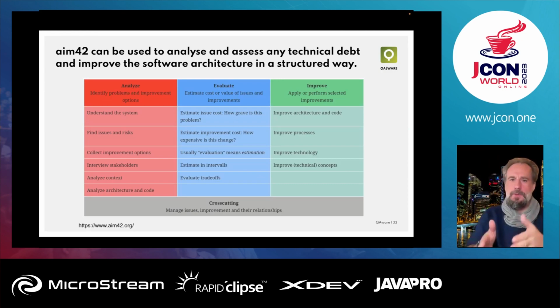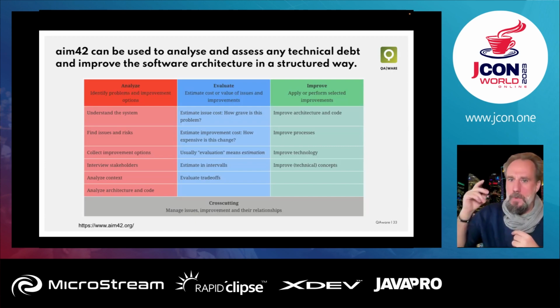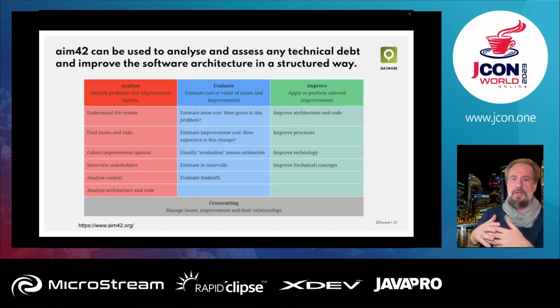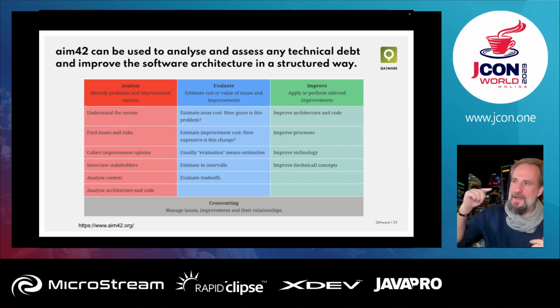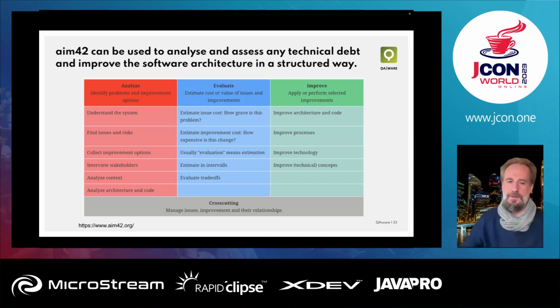Then in a second step, you should evaluate the findings and estimate the costs and the value of an improvement. Don't improve it yet. Then based on those evaluations, do a trade-off analysis and take a decision. And once you're taking the decision, you can then, in the third phase, continuously improve the system, improve the code, improve the technology, improve some technical concepts, and then integrate with your normal two-week, three-week sprint iteration.